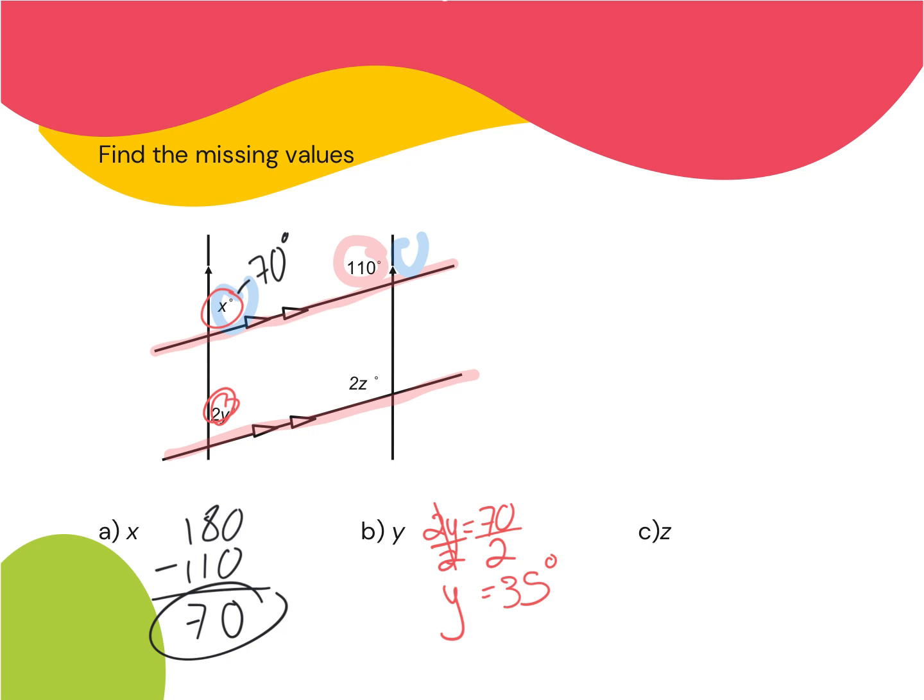And lastly, I want you guys to remember the theorem that we mentioned at the beginning, that the two consecutive interior angles add up to 180, right?